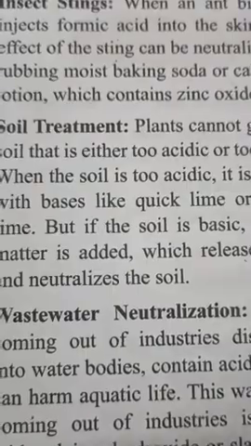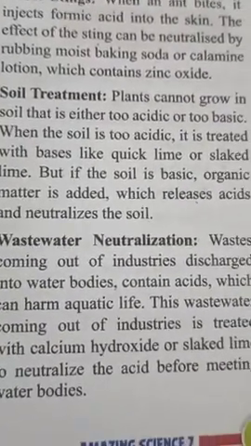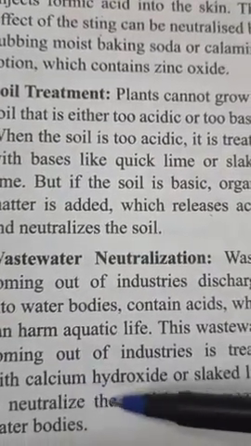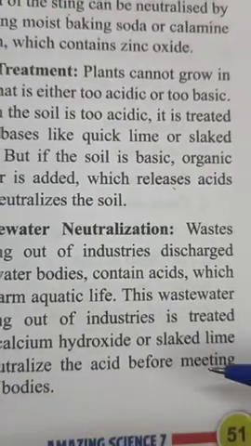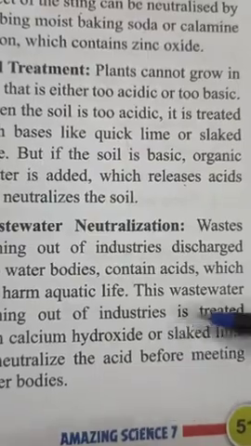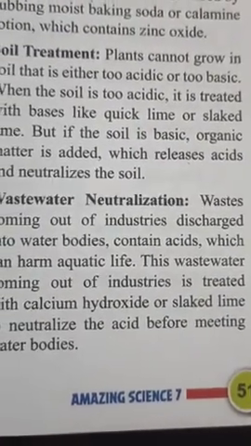So what we do, first of all, is treat that water using calcium hydroxide or slaked lime. This treatment is a neutralization reaction. Here calcium hydroxide or slaked lime is a base.